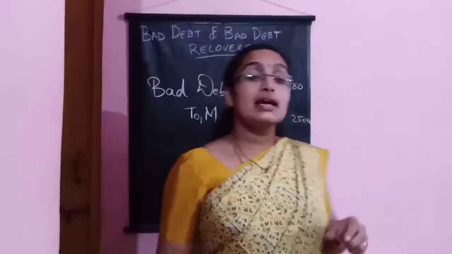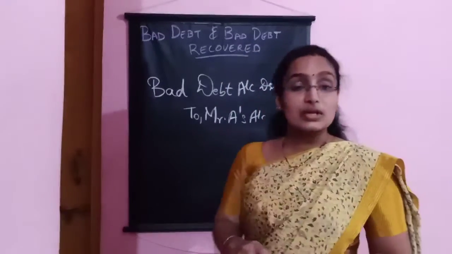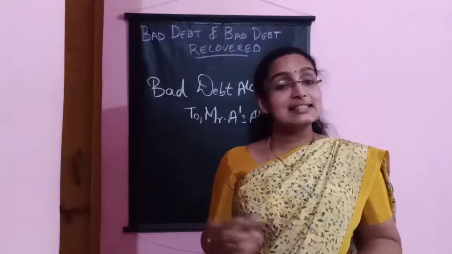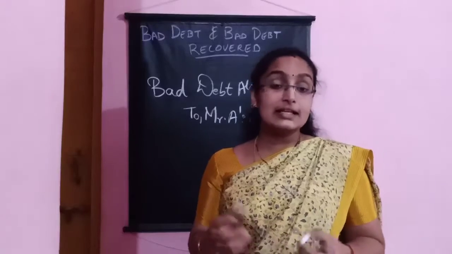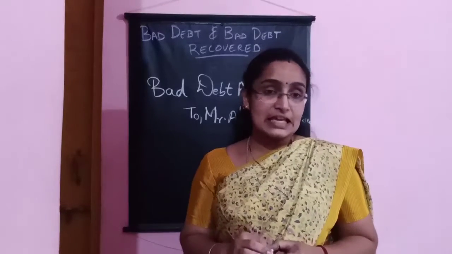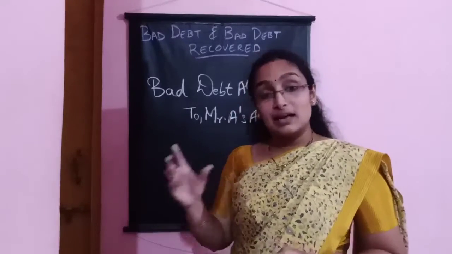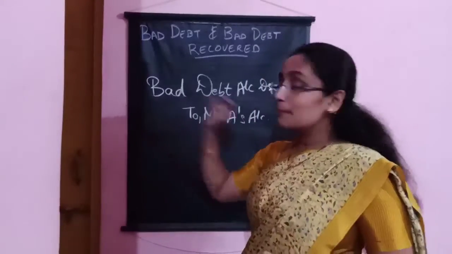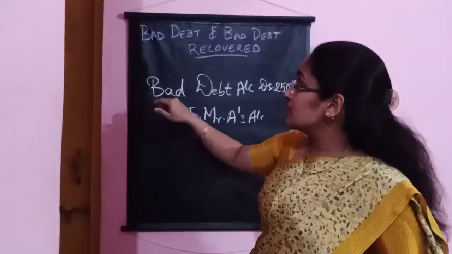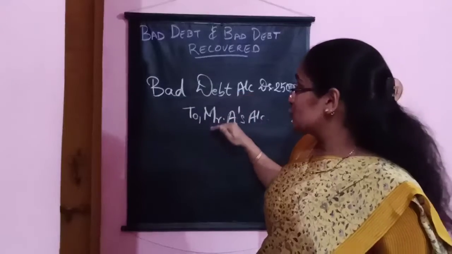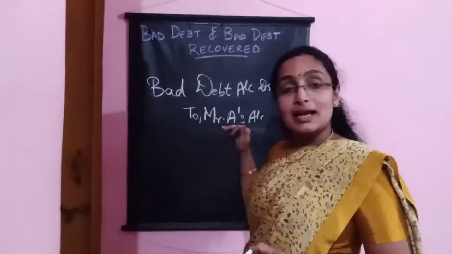Here the account of Mr. A will be closed forever as he has become insolvent and there is no chance of receiving any amount from him, and the amount will be recorded as bad debts. So the entry will be bad debts account debit to Mr. A's account.